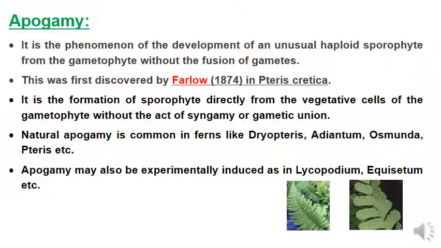Apogamy: apo means without, gamy means fusion. So without the fusion of the gametes, the sporophyte, which is diploid in nature, is formed from the haploid gametophyte. It was discovered for the first time by Farlow in a fern plant.